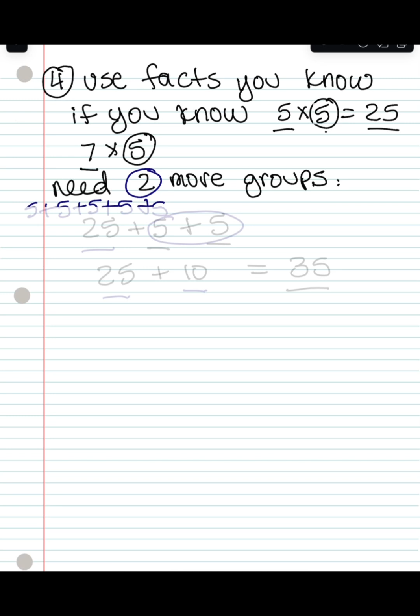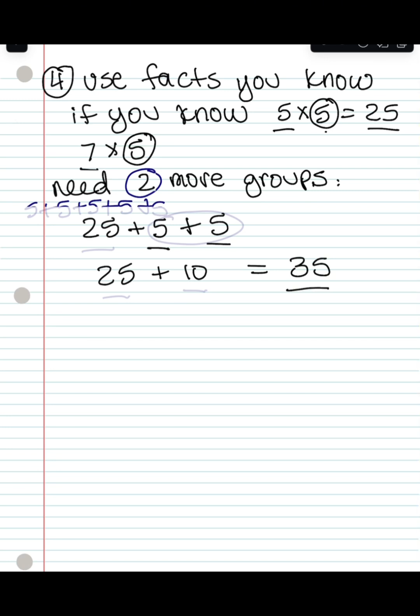And we know what 5 of those groups is. That's 25. So I need 2 more groups. 25 plus 5 plus 5. I need 2 more groups of 5. Well, that's 25 plus 10, which is 35.